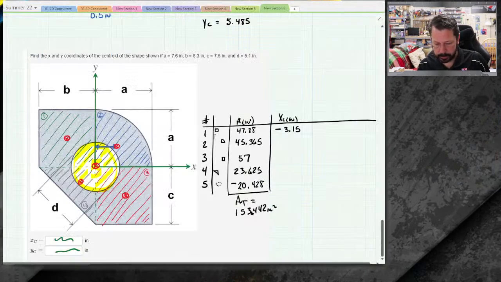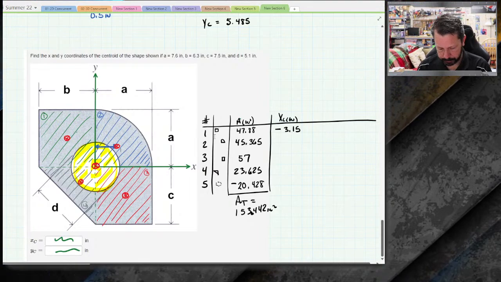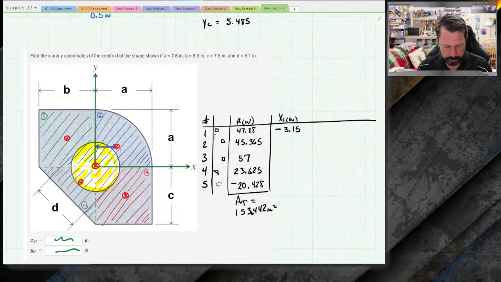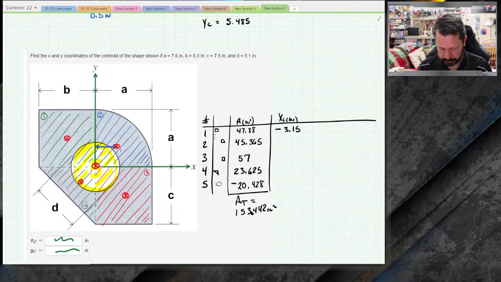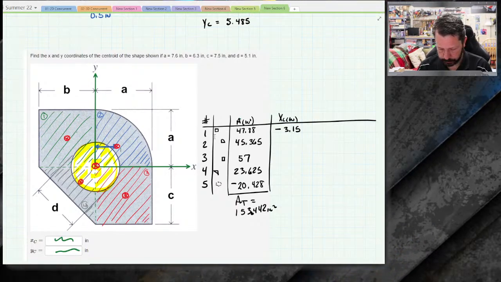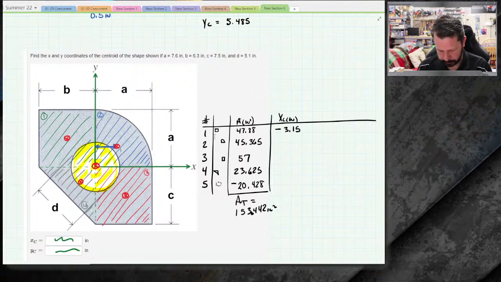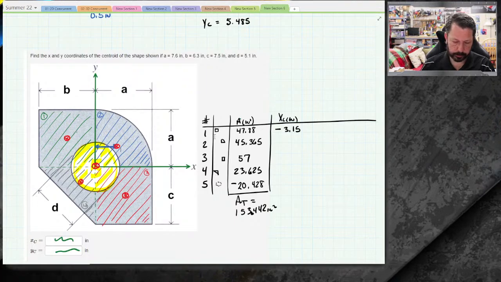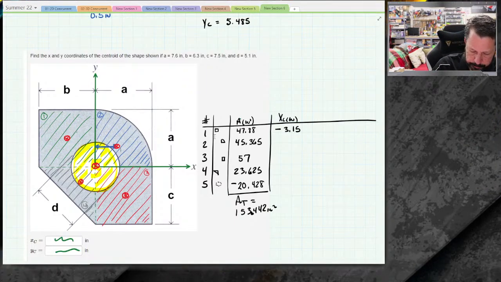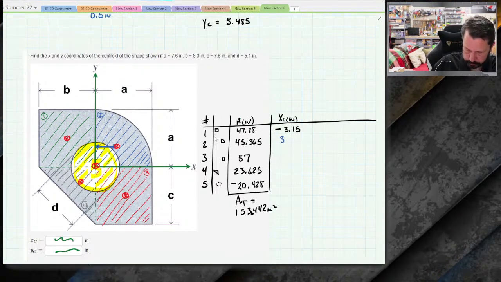So 4r over 3 pi, for the radius of 7.6. Divided by 4r over 3 pi, so divide by 3 and divide by pi. So 3.226 is that distance, and it's positive.